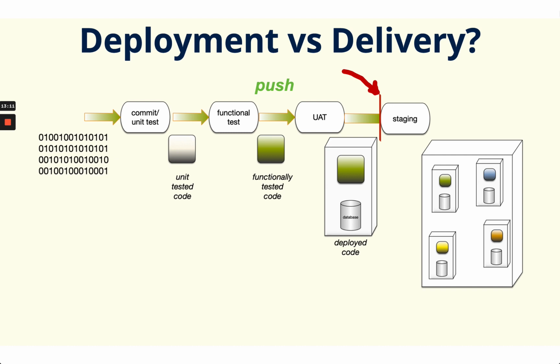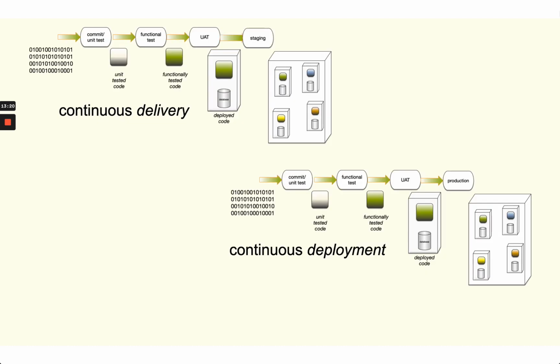I want someone to have that happen. This is what's referred to as a pull stage. And that actually, it turns out, is the difference between continuous delivery and continuous deployment. Because in continuous deployment, every stage is a push stage. And so it automatically, every time it gets success, it moves on to the next one. And the last step is go live to production.